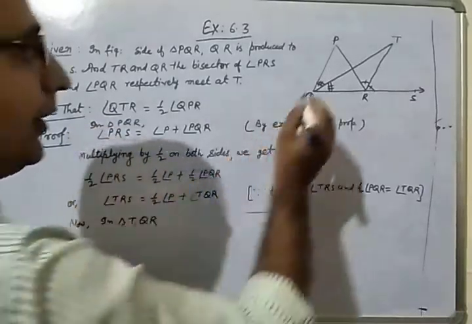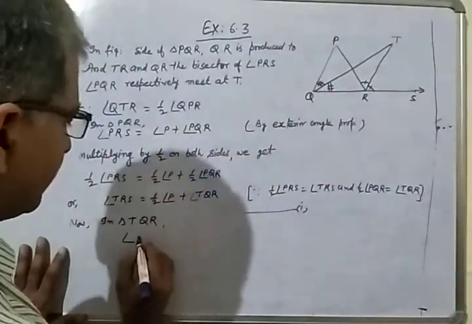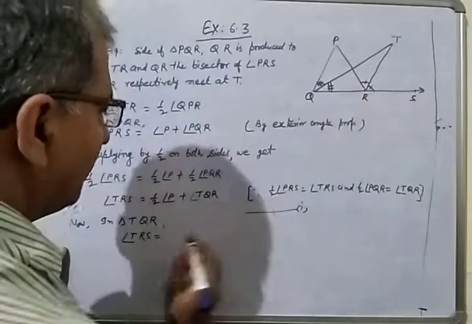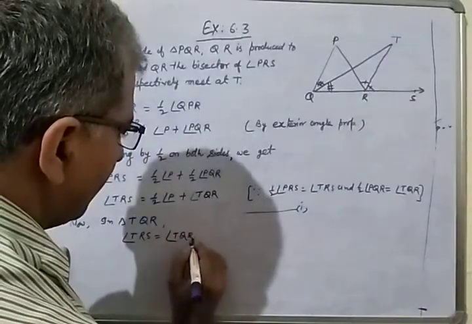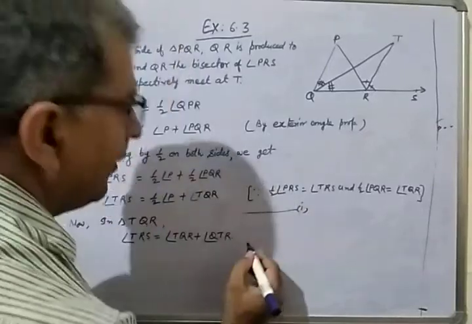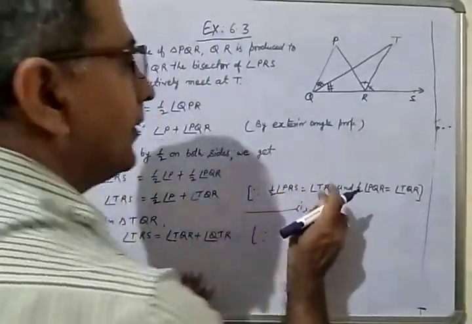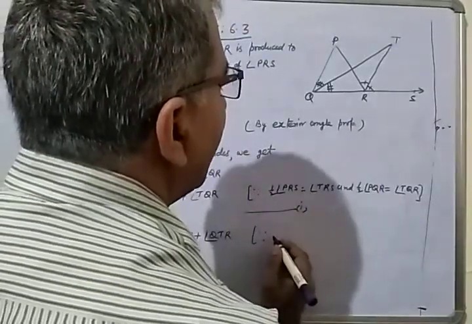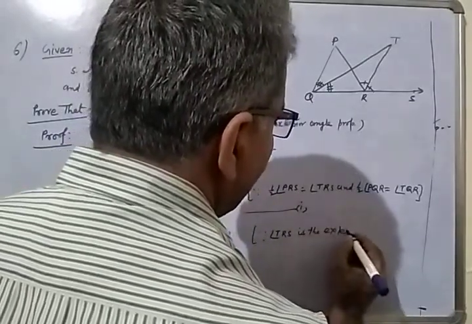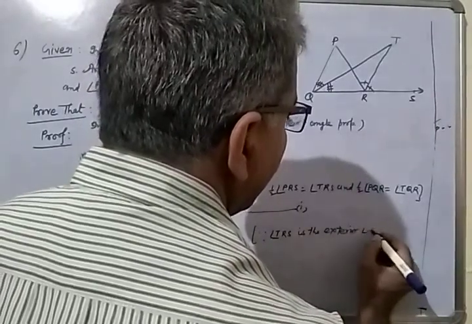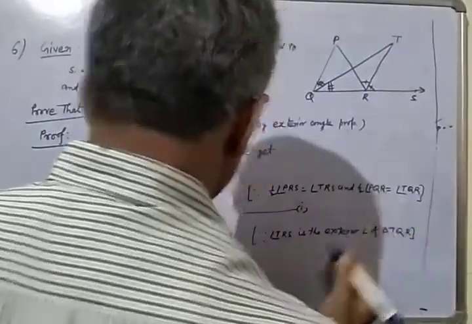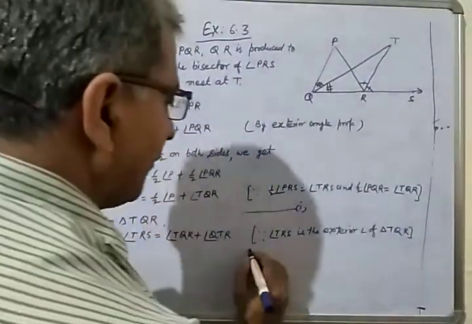Now in triangle TQR, angle TRS is equal to angle TQR plus angle QTR, because angle TRS is the exterior angle of triangle TQR. This can be written as equation 2.